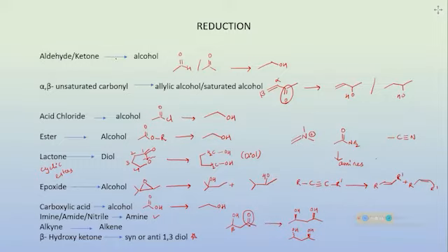Now we have to see which reagent is used for the reduction of these functional groups. We can reduce these functional groups by using 4 types of reagents: hydride transfer reagents, metal in the presence of solvent, or by using catalyst, or by using some miscellaneous reagents.